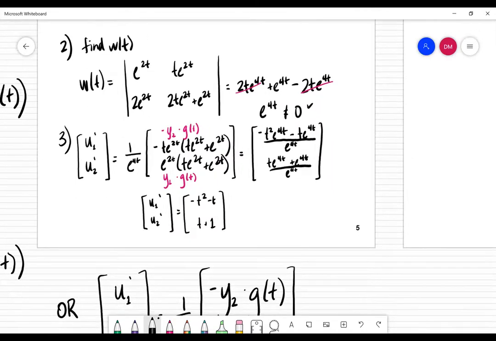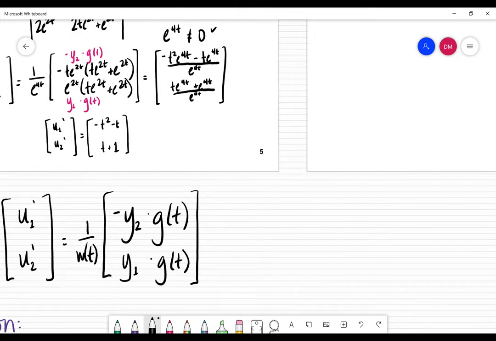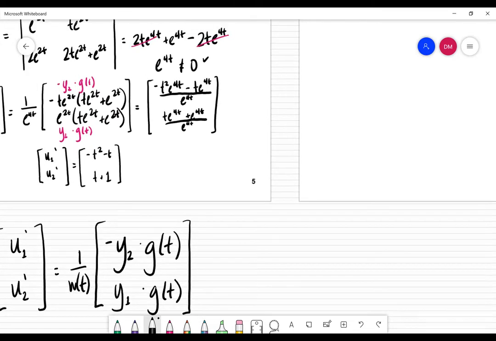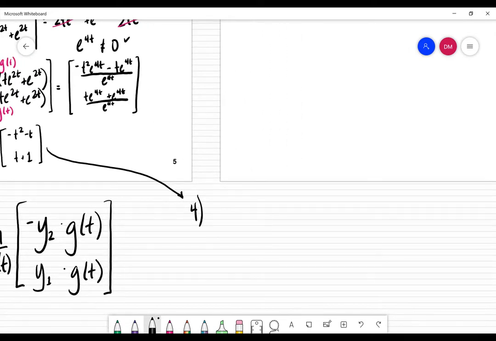Okay, so I'm going to ignore our work from class here and just take these down. And our next step, step number 4, is we're going to go ahead and find u1 by integrating. I'm going to pull out that negative t squared minus t dt.